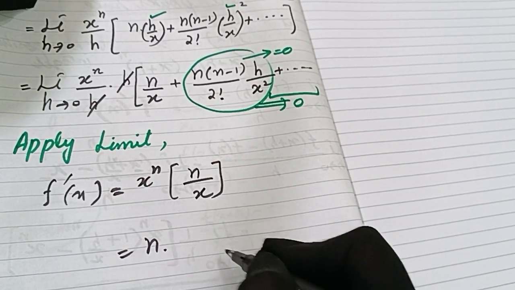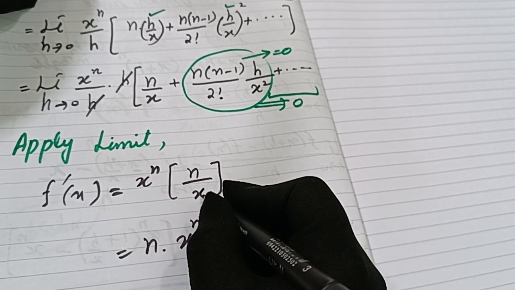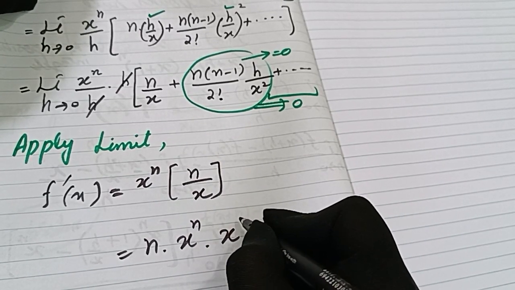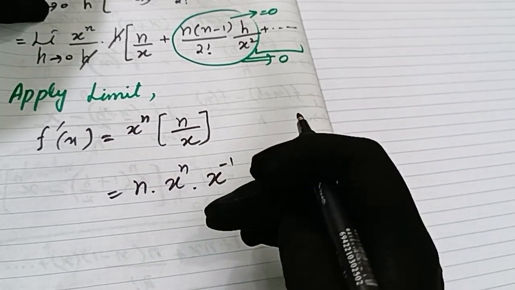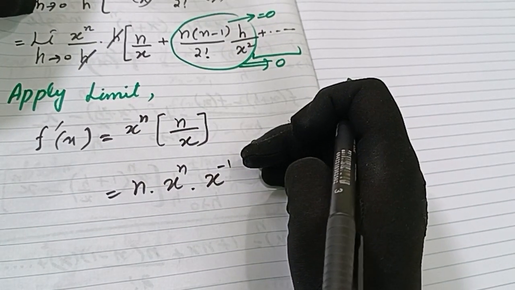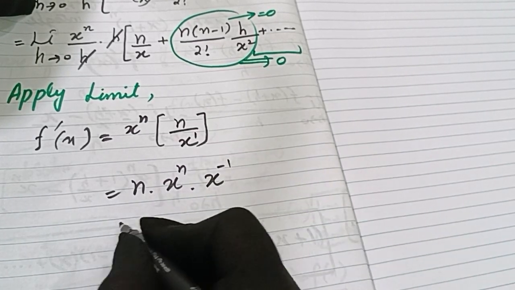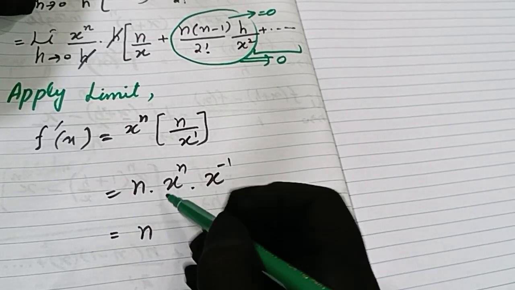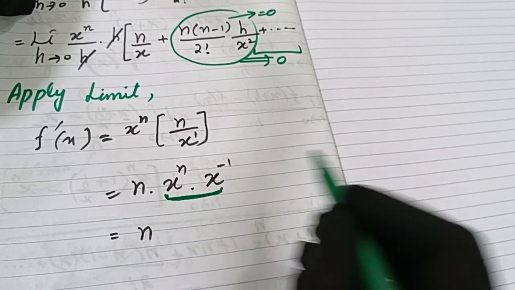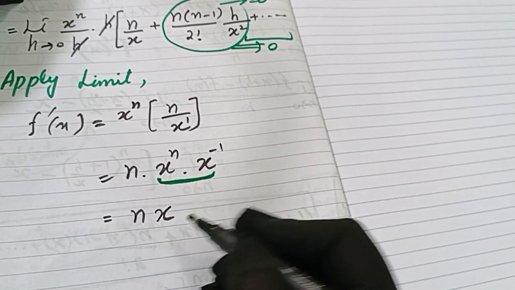Now I will write n at the start, x power n. According to exponential laws, the x in the denominator I can shift to the numerator. Its exponent is 1, so it will become minus 1 when shifting from the denominator to the numerator, so the sign of its exponent is changed. Again according to exponential laws, when the bases of two numbers are the same, their exponents can be added together.